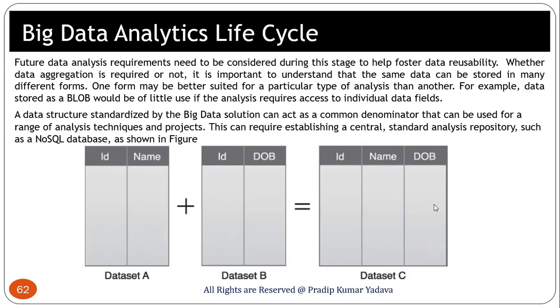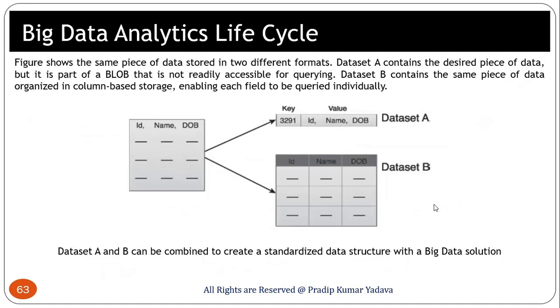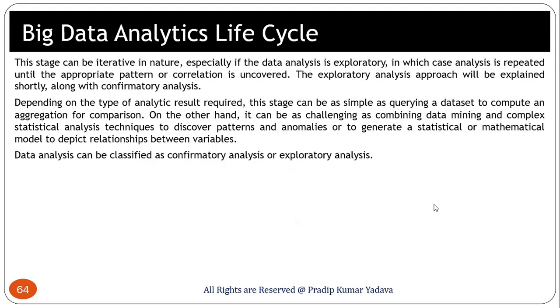By this example we can see clearly data set A has ID plus name, B has ID plus DOB, and in both tables ID is common. So we can create a third table with ID, name and date of birth.